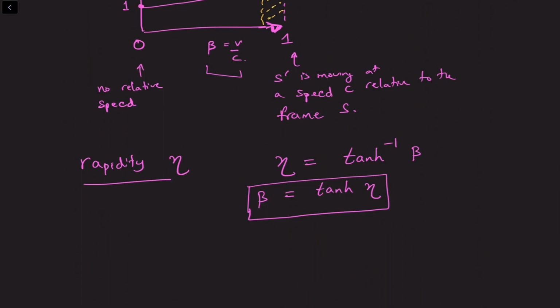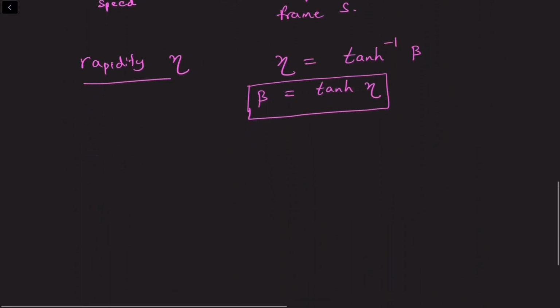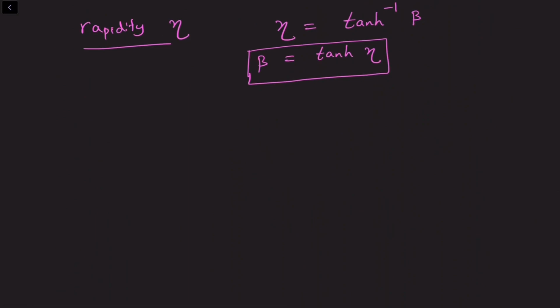Now let me just quickly remind you of some properties of this tan hyperbolic function. If I plot the tan hyperbolic value of eta as a function of eta, what it looks like is something like this. At eta equal to 0, tan hyperbolic eta is 0.